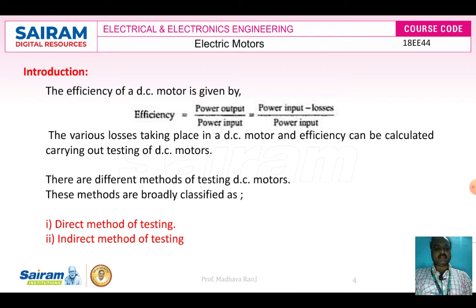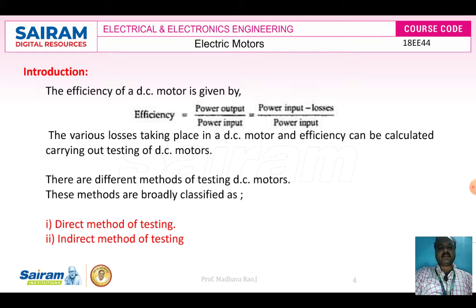Once we test any machine, after testing we will calculate the efficiency. Efficiency is defined as the ratio of power output to power input. Power output can also be written as power input minus losses.